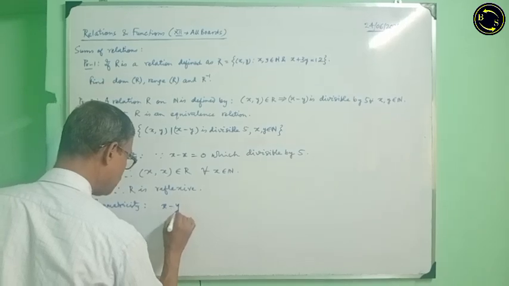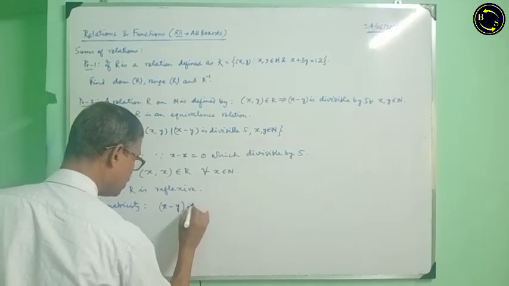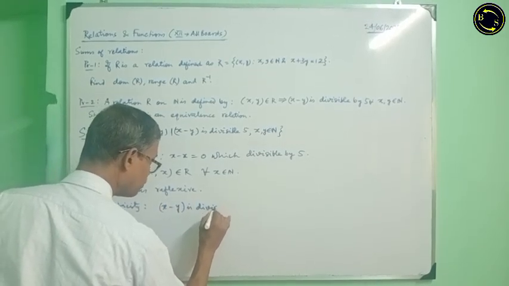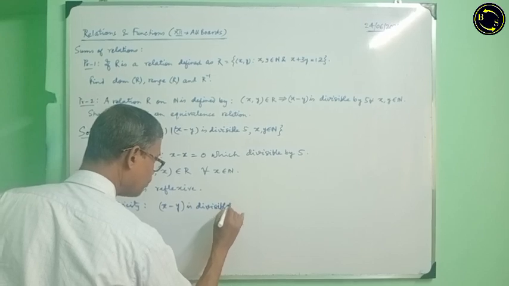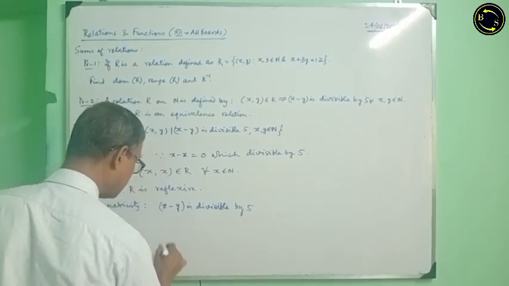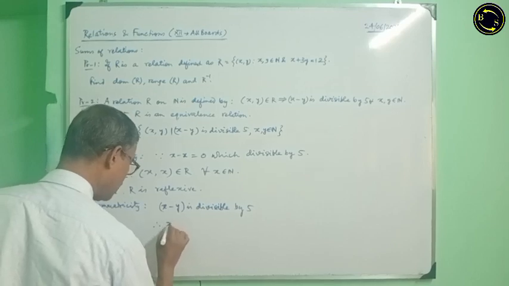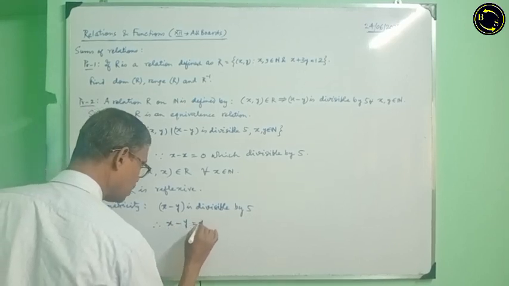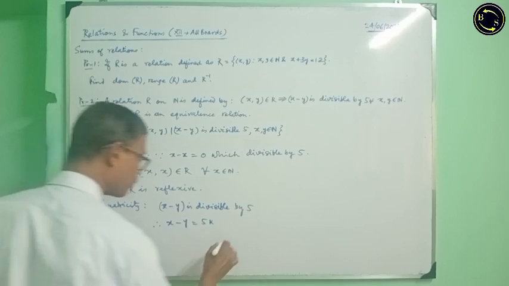x minus y is divisible by 5. Therefore, x minus y equal to say 5k.